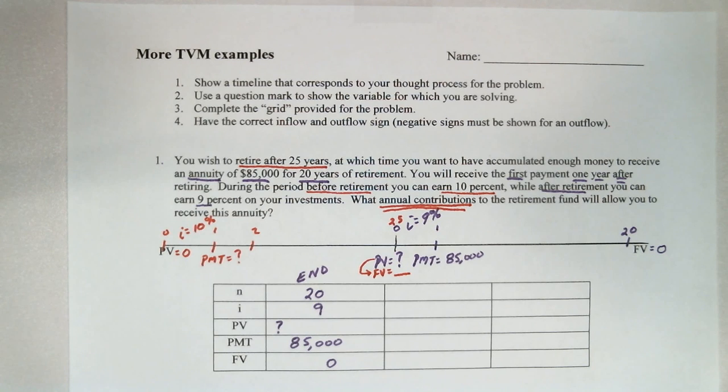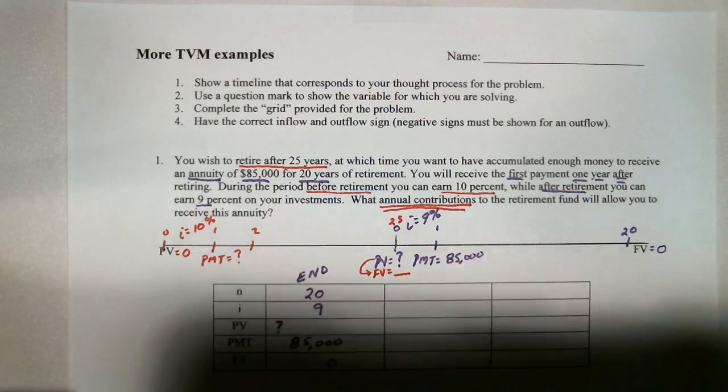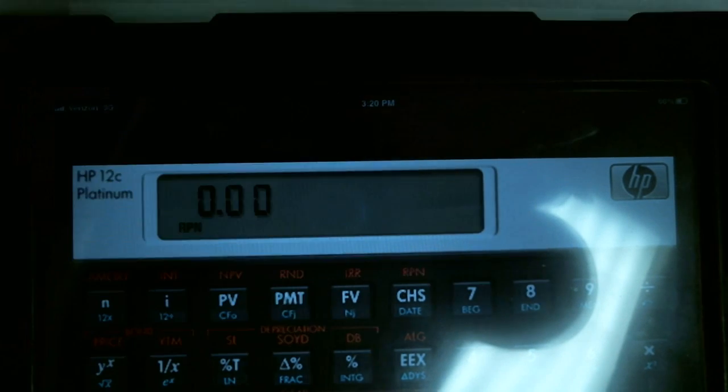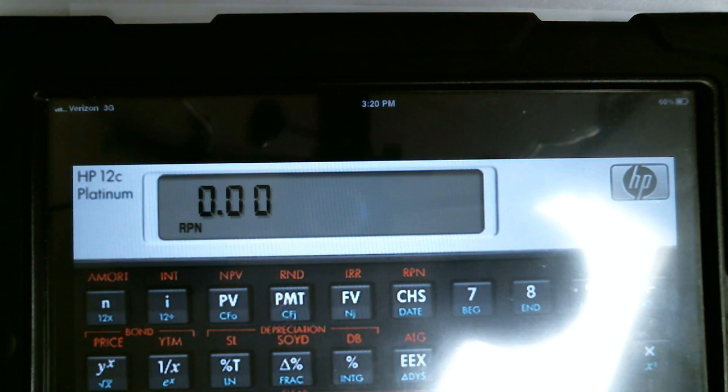Now we take our calculator, and hopefully you've got the HP12C, and if not, again, that's okay. Whatever calculator you're using to determine the results. Let me make some adjustments here so we can see what's going on, hopefully a little bit better.